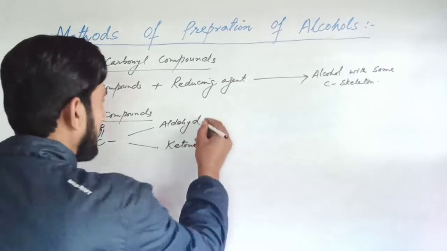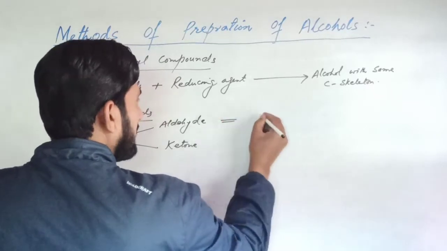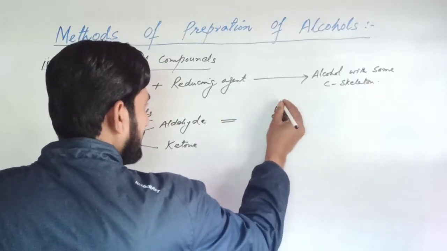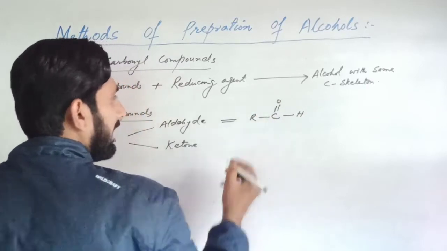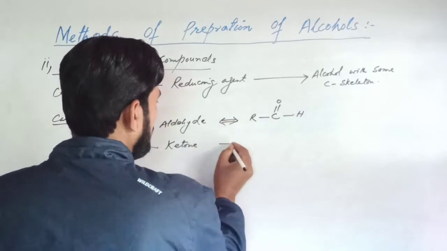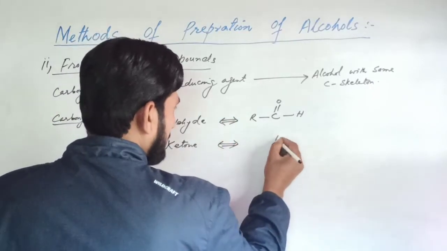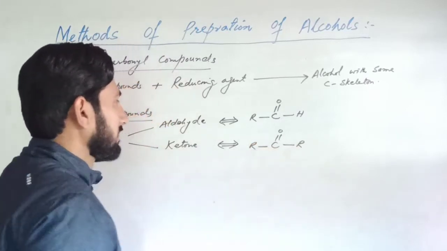Aldehyde is a class of organic compound in which this carbonyl group is attached to a hydrogen atom and one alkyl group, whereas in the case of ketone, this carbonyl group is attached to two alkyl groups.